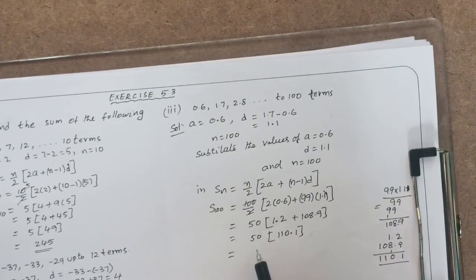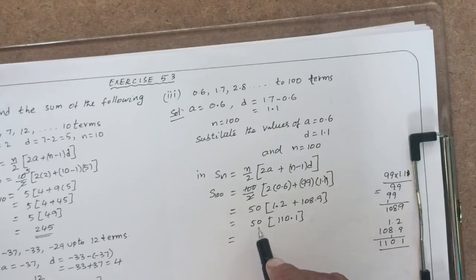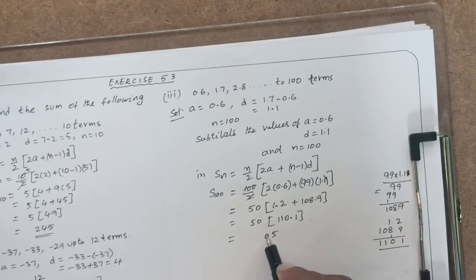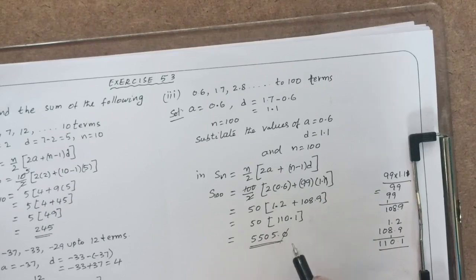That equals 50 into this one. So 5 1s are 5, 5 0s are 0, 5 1s are 5, again 5 1s are 5. The decimal point is cancelled. Now 5505 equals S100. That is the answer.